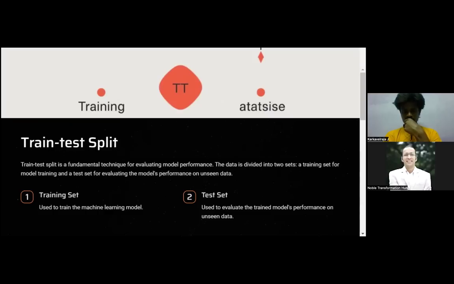We do this after the data is collected, cleaned, pre-processed, and EDA and all those things are done, so that it is ready for the model. Then you choose the model, then you do train, test, and split.